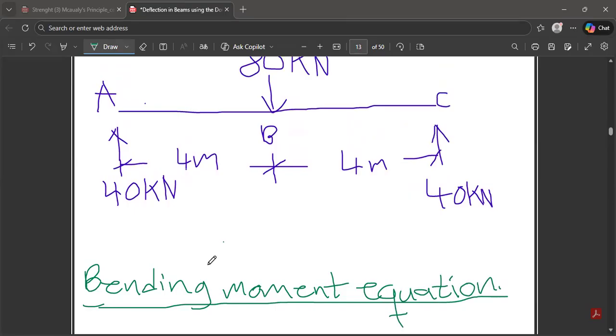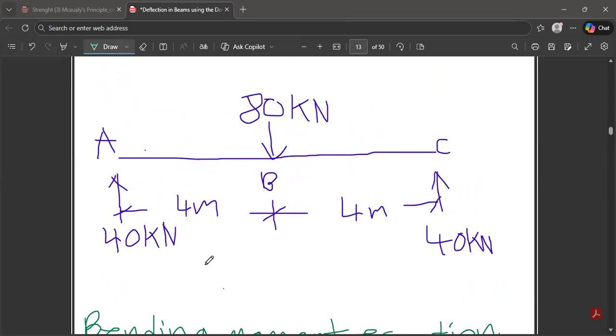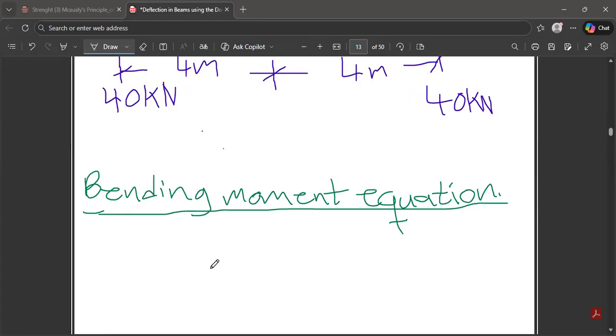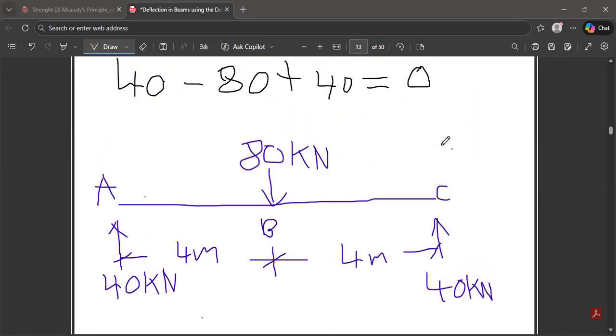So how do I get the bending moment equation? Before I can get the bending moment equation, I have to take a cut. So in drawing the bending moment equation, I have to redraw the diagram and take a cut. I choose to take the cut at this part.